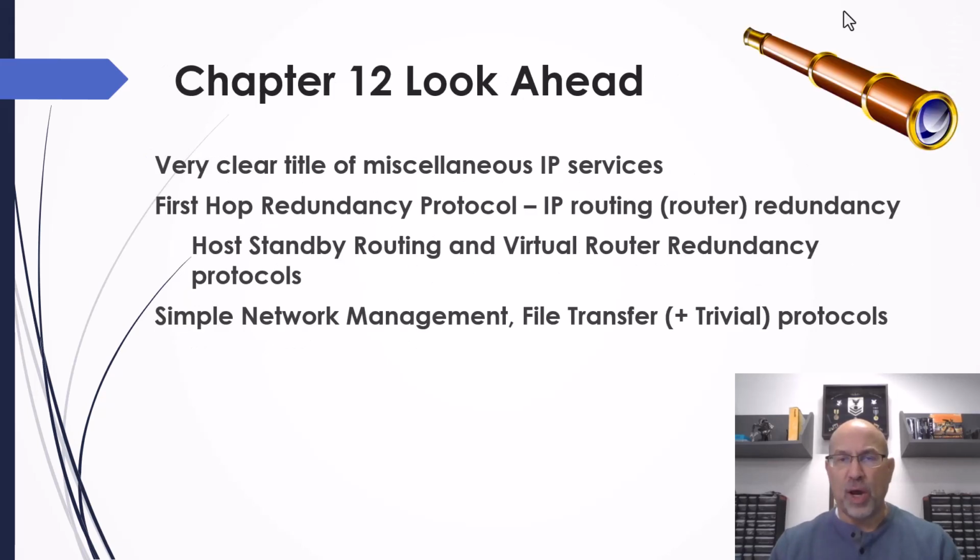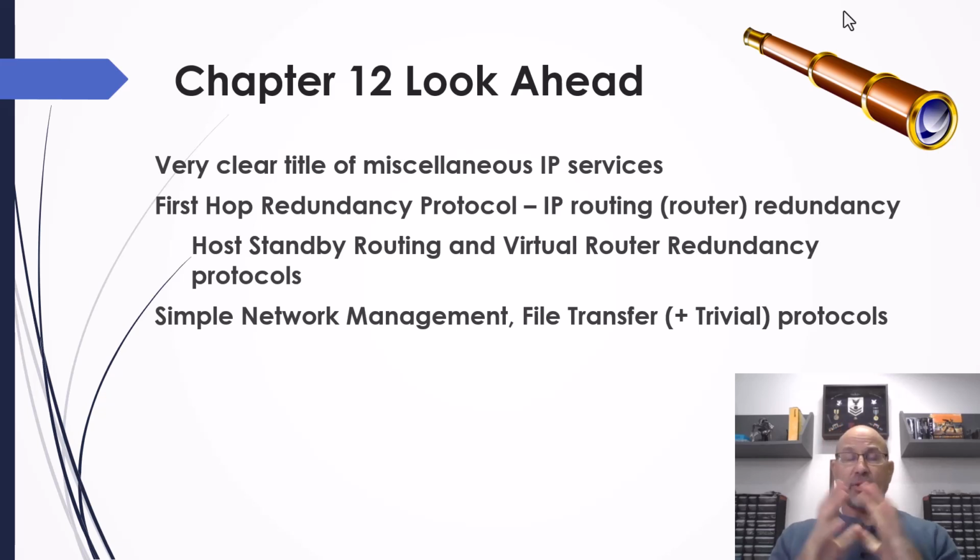So our Chapter 12 look ahead, it has the very clear title of Miscellaneous IP Services. But if you look at the topics, it's going to be really a lot about router redundancy, right? We got a couple of pathways off of our network, but we're only using one because we've got some failover. So there's a couple of things that we're going to look at. First hop redundancy protocol, hot standby routing protocol, virtual router redundancy protocol.